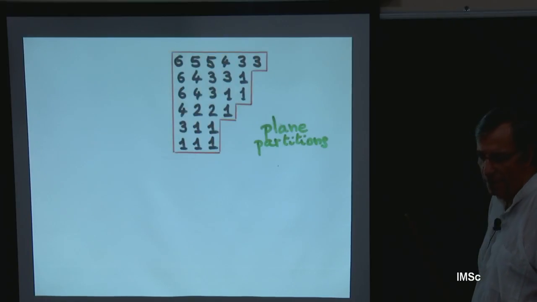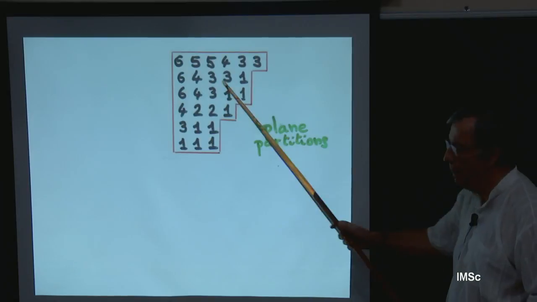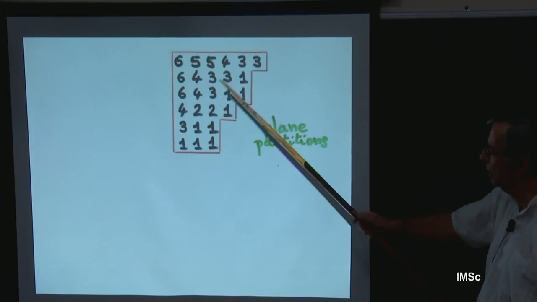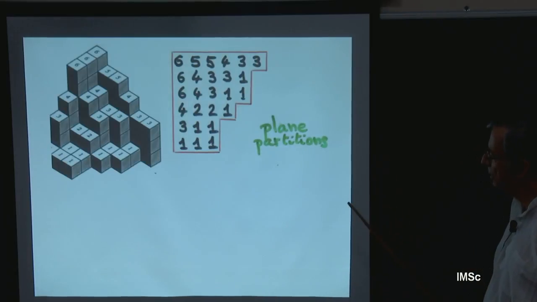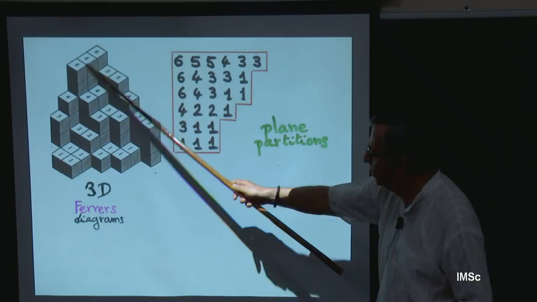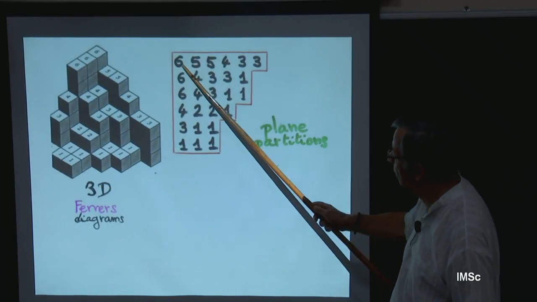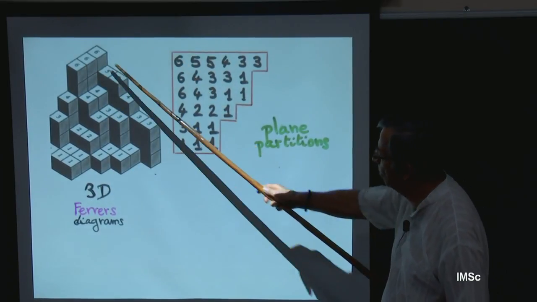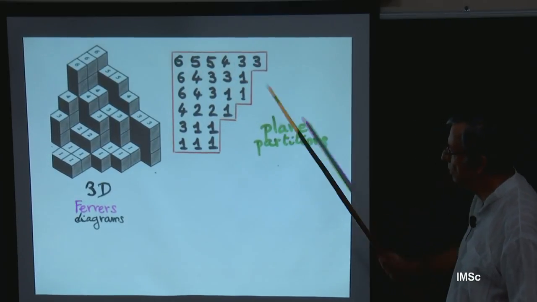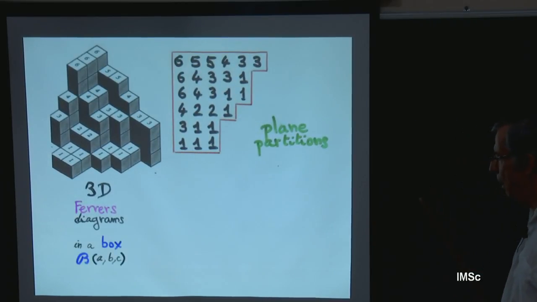Then we applied this in a special case, plane partitions. A plane partition is such a tableau where the numbers decrease weakly in rows and in columns. Plane partitions are nothing but the coding of a 3D Ferrers diagram, where in each cell of the plane you put a number of cubes, which gives you the height of each column of cubes.